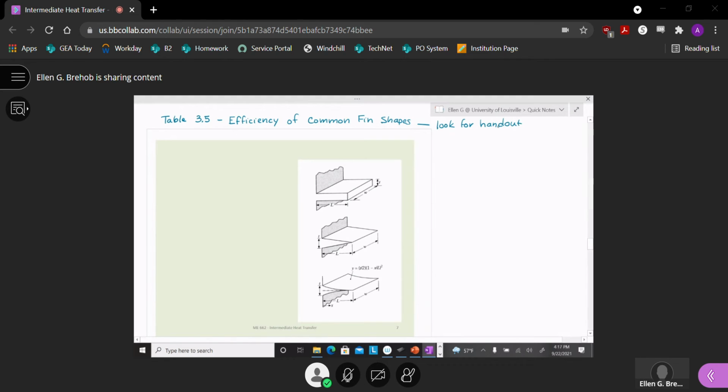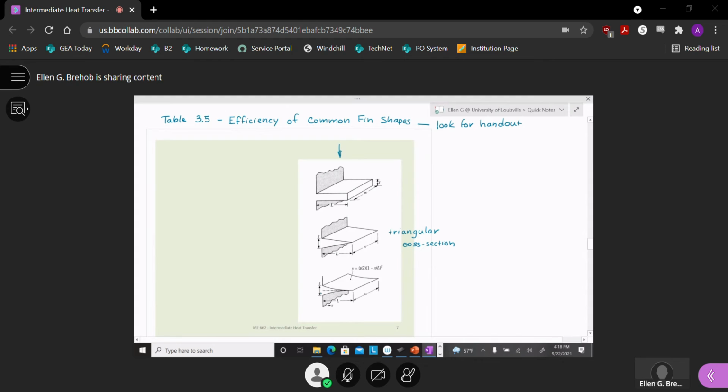Okay, so this is a subset of the fins that it has on there, but it has more types shown. So this first one, you've seen that before, the straight fin with uniform cross section. And then this next one is a triangular fin, a straight fin, but it's got a triangular cross section. And then this last one is another straight fin.